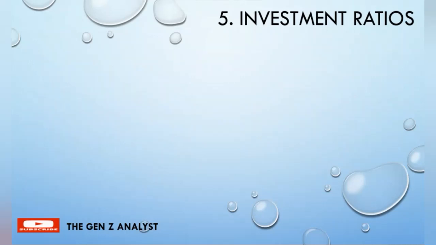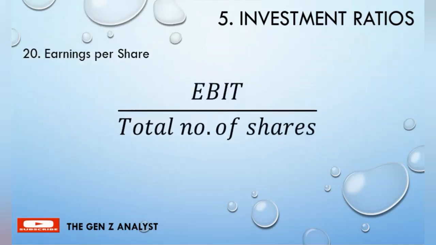All right, the last one we want to look at is the earnings per share. This is actually not a ratio, but it is helpful in calculating other ratios such as the PE ratio and the other ratios that we look at. The earnings per share is our earnings before interest and tax, divided by the total number of shares.